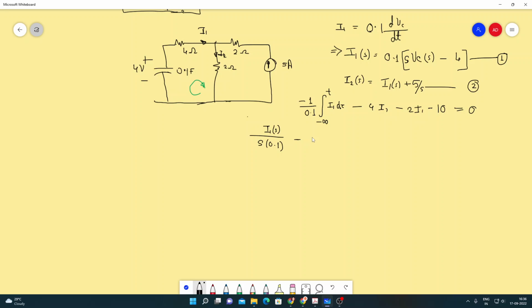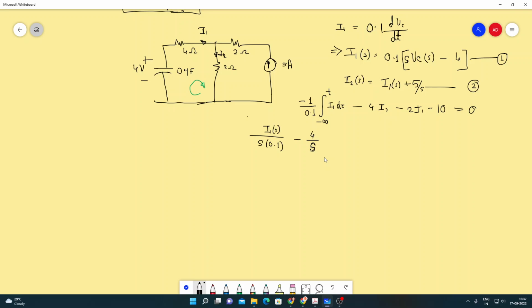So from here we can write it as minus four by s, that's the voltage, right?